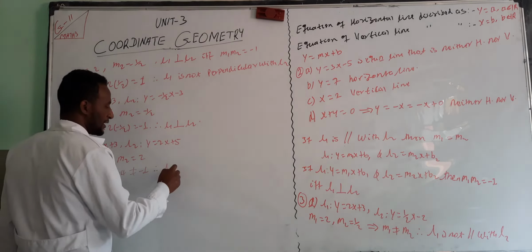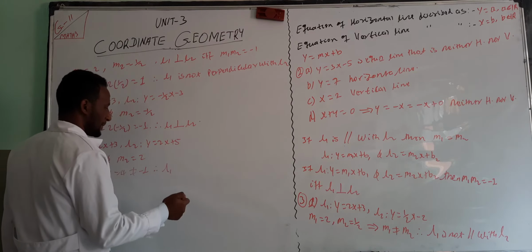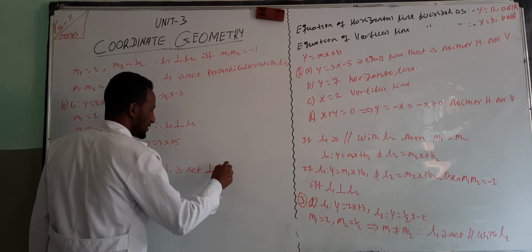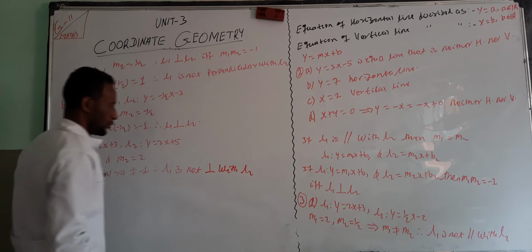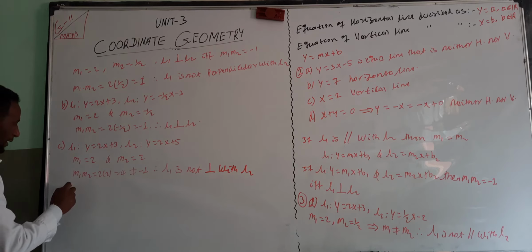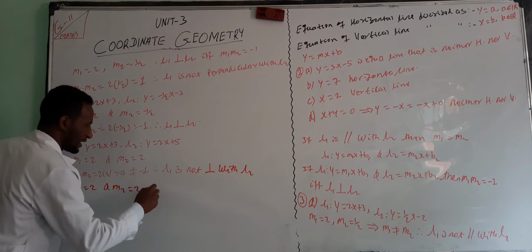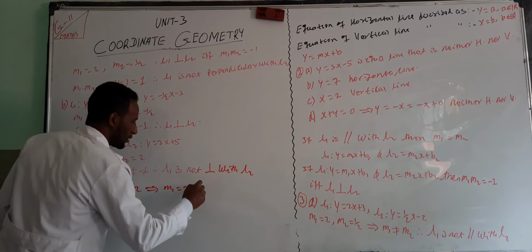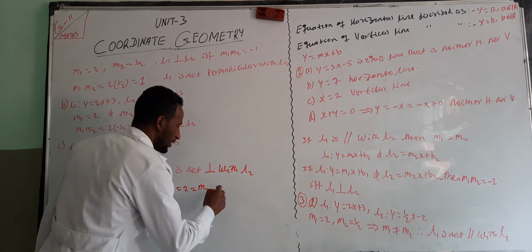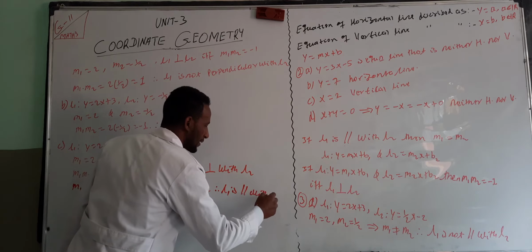Therefore L1 is not perpendicular with L2. Also, since m1 is equal to 2 and m2 is equal to 2, m1 is equal to m2, therefore L1 is parallel with L2.